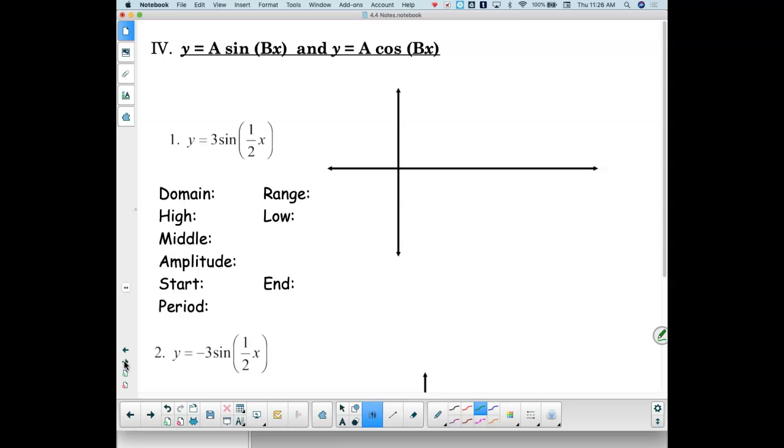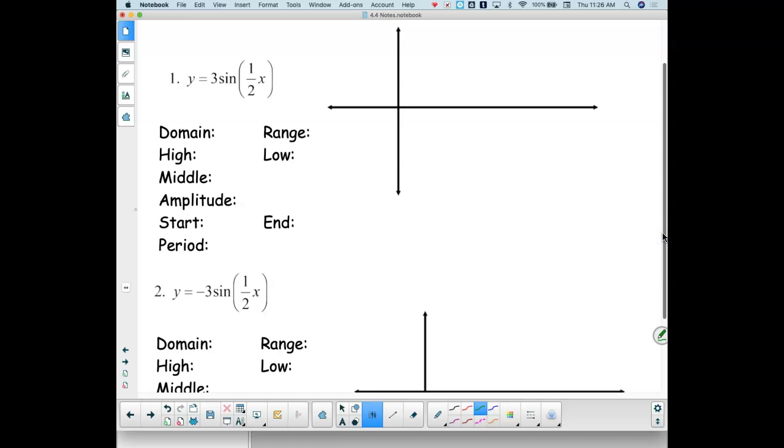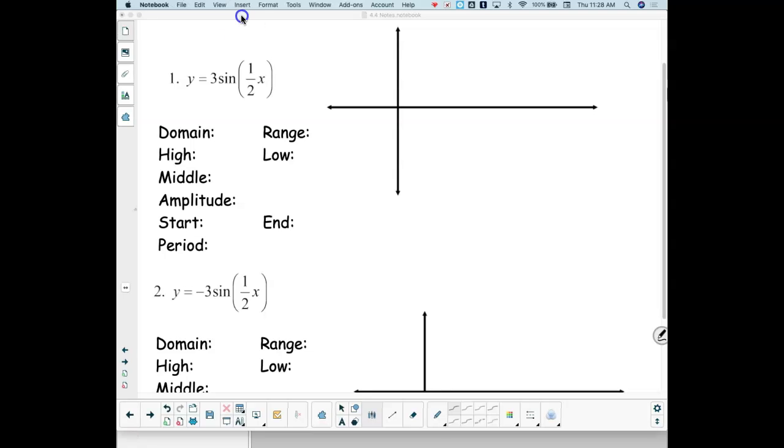Let's compare these two graphs. One's got a positive A value, one's got a negative A value. Let's do these. I'll give you a couple minutes to get these done. Amplitude on the first one here is now 3.